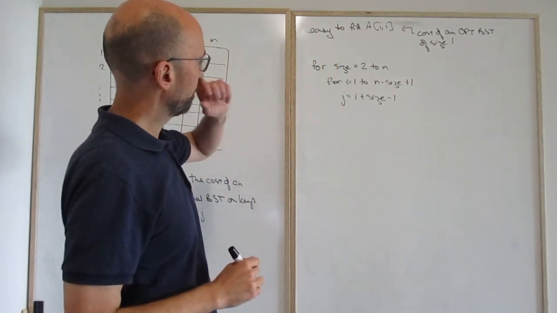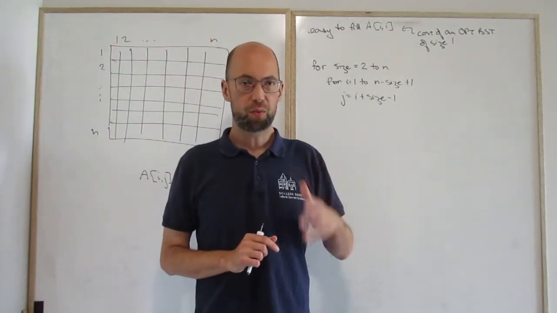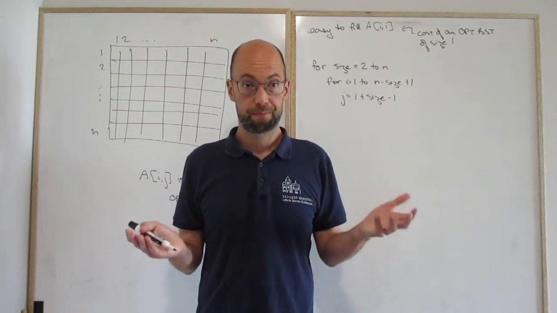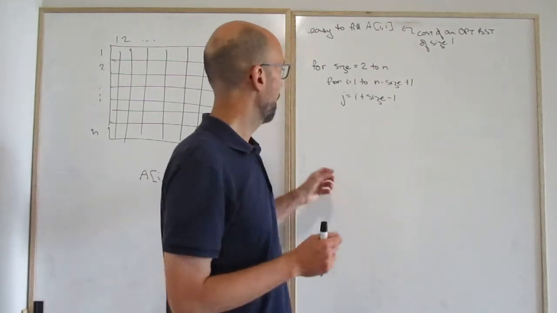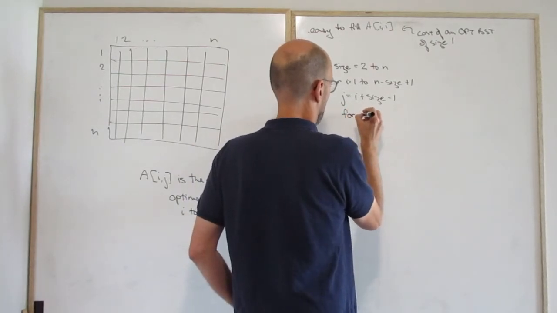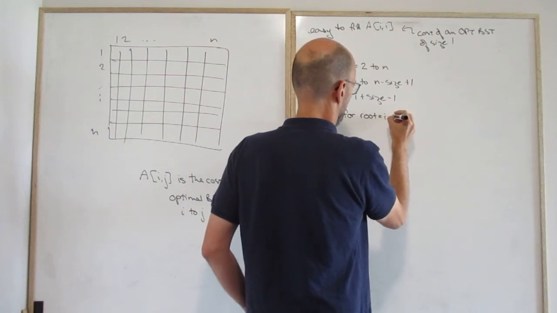Because if I tell you how big the tree is going to be, and I tell you what the first key is, then you know what the last key is. Okay? But then you have to say, for root equals i to j.